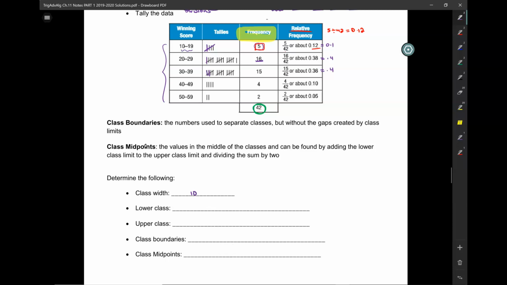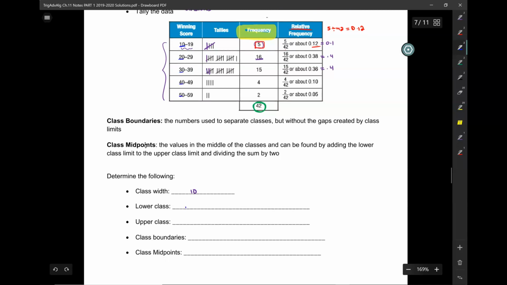Lower class is all of these numbers right here: 10, 20, 30, 40, 50. Upper class, it's these: 19, 29, 39, 49, 59.